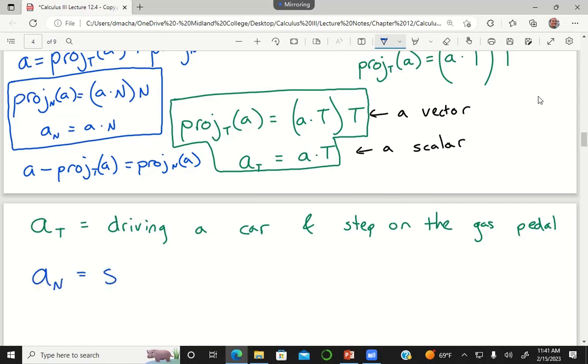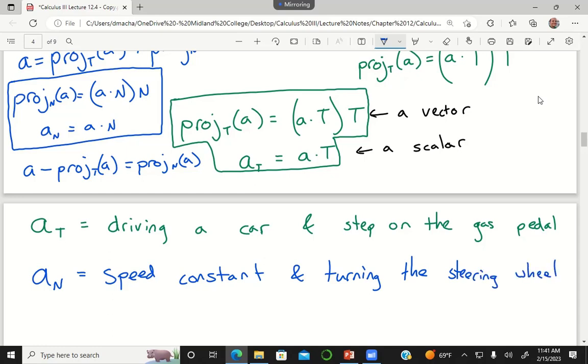So this is like keeping your speed constant and turning the steering wheel. You still experience acceleration. Acceleration just means a change in your velocity, right? And the acceleration you're experiencing is actually changing the direction of the velocity. Your car is maintaining the same magnitude of the velocity, but what changes is the direction your velocity is moving. So that's another way to think about acceleration, and this is how I remember those two ideas.